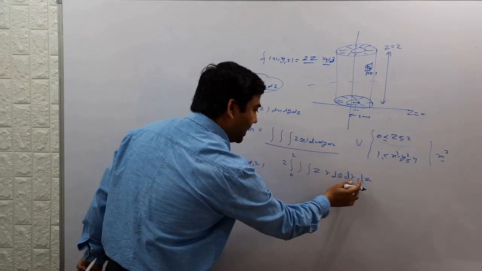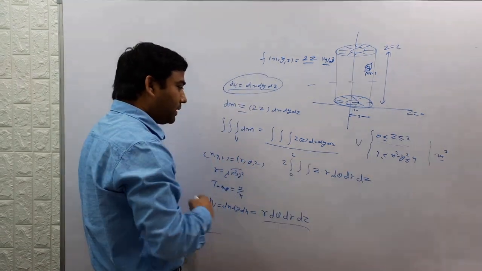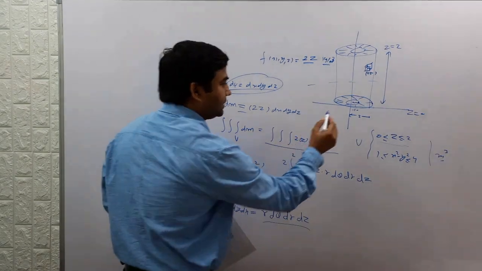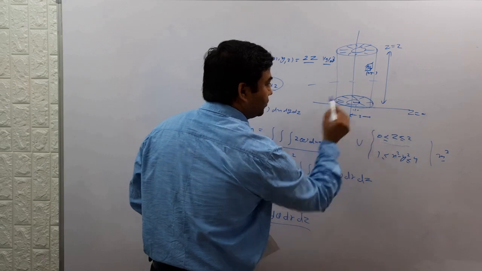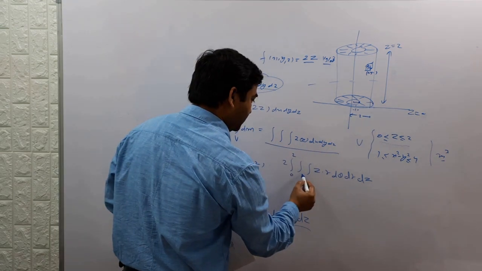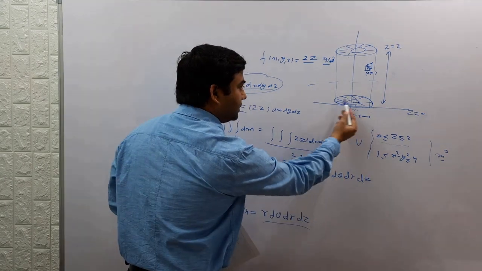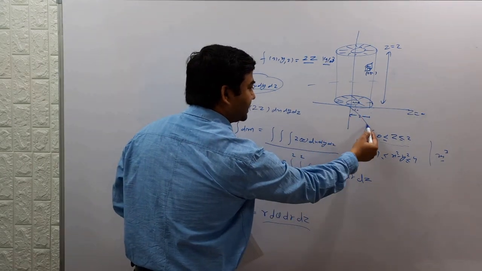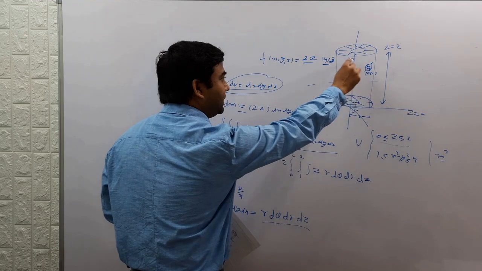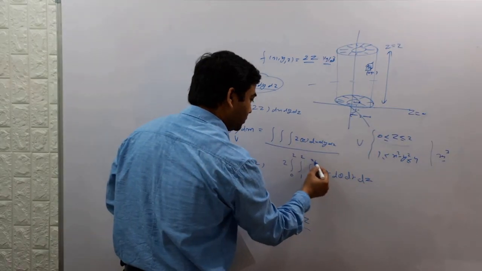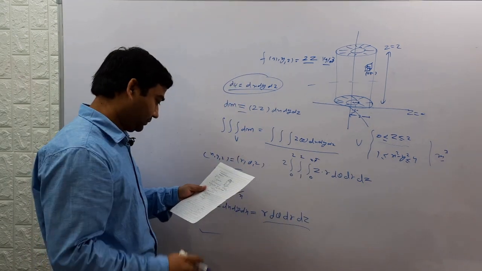That is the limit of z. For r, dr goes from the inner radius to the outer radius, which is 1 to 2. For theta, the angle from the x-axis, for all points in this cylinder this angle will change from 0 to 2 pi.